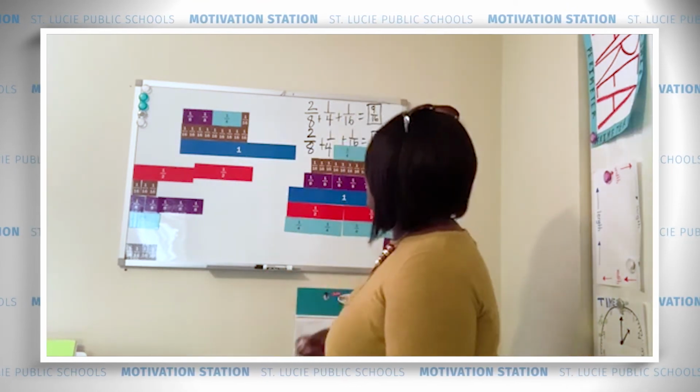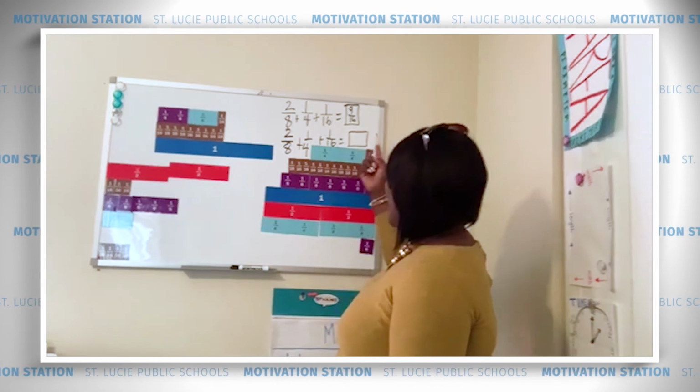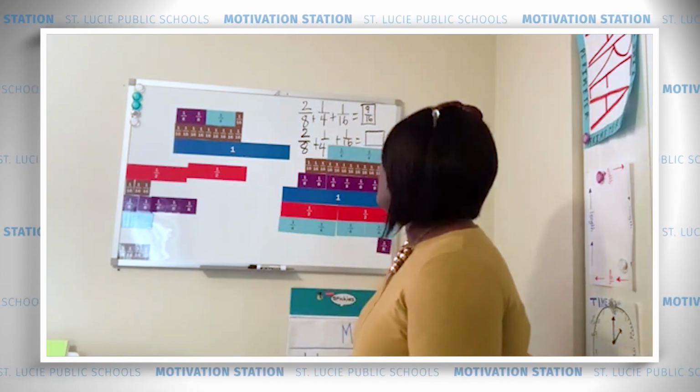Let's also examine the fraction 9/16. When you use 16ths to create a whole, how many 16ths do you need to make one whole? You need 16 16ths. 9/16 is not all 16 of the 16ths, so you don't even have enough to make one whole. 9/16 is what we call a proper fraction.